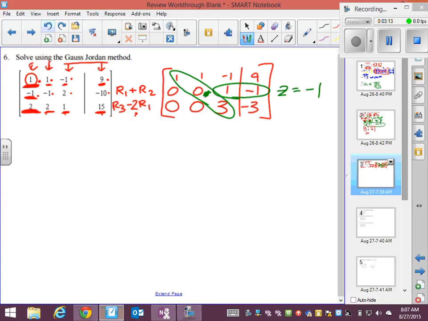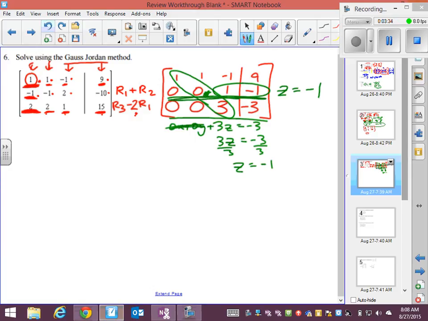If you go all the way across this bottom row, that means 0x plus 0y plus 3z equals -3. Well, that's not necessary. I've got 3z equals -3, or divide by 3, I've got z equals -1, just like I had. Basically, that's what the second row said.